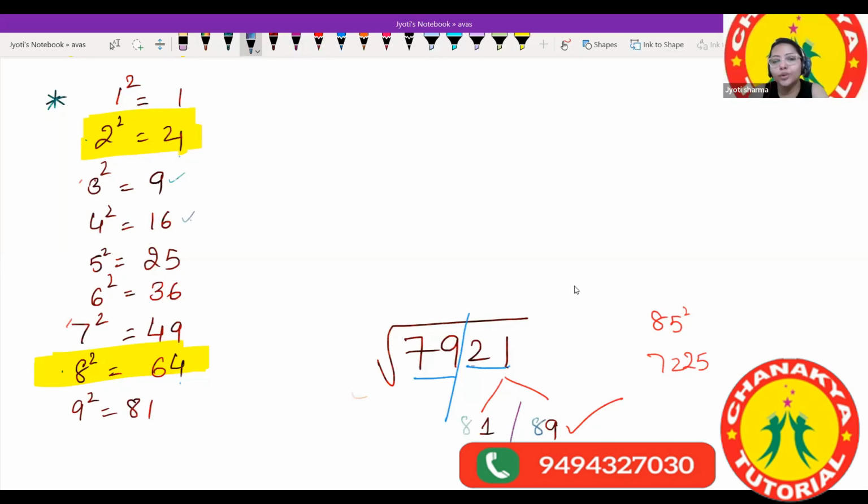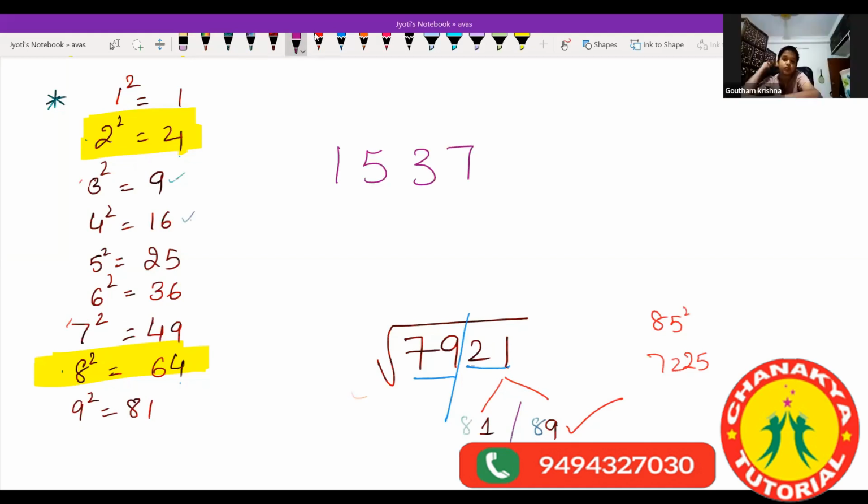Now, you all are asking about the bigger number, right? Okay, now I'm giving you one question. You need to go through all the recordings, Karthik, okay?